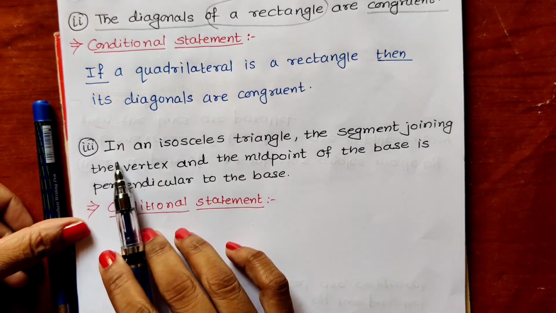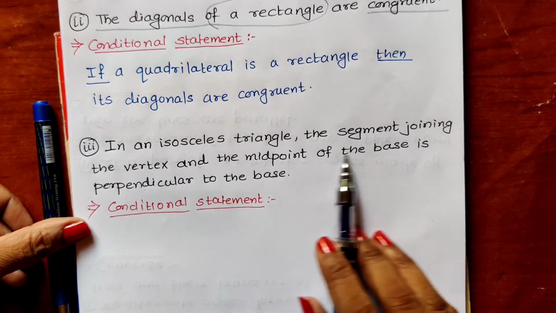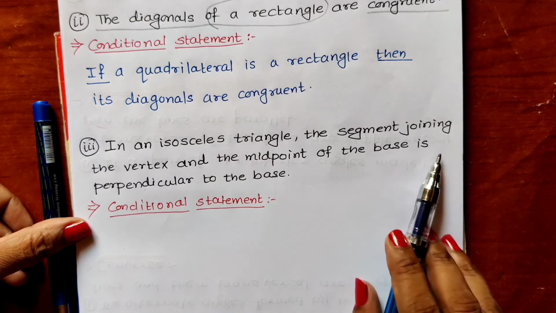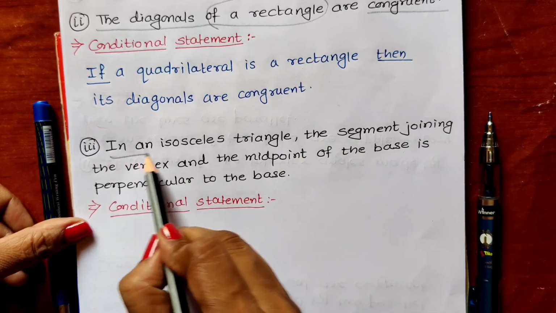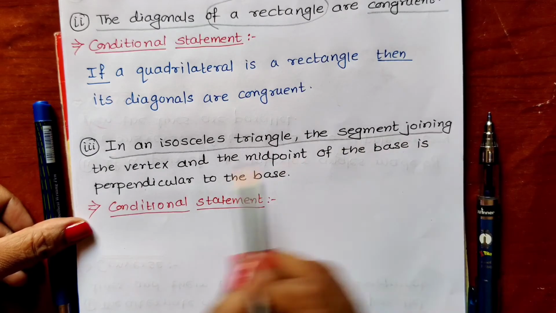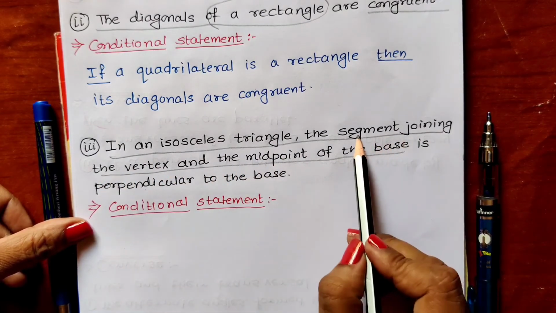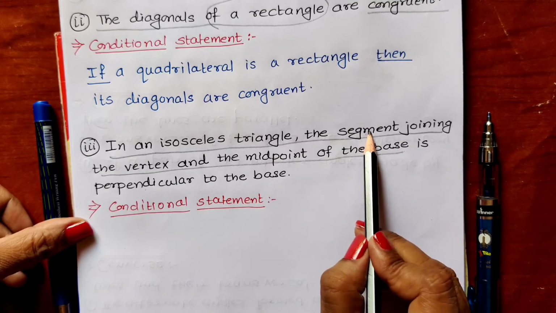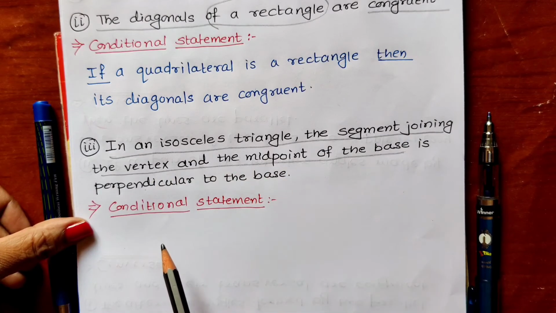The third statement is, in an isosceles triangle, the segment joining the vertex and the midpoint of the base is perpendicular to the base. So one part will be, in an isosceles triangle, the segment joining the vertex and the midpoint of the base. What type of segment is this? A segment which is joining the vertex and midpoint.